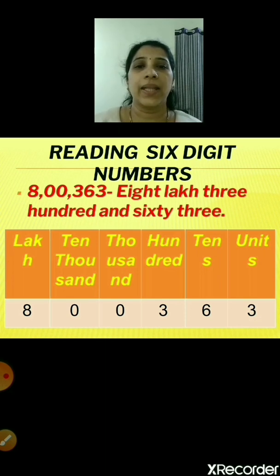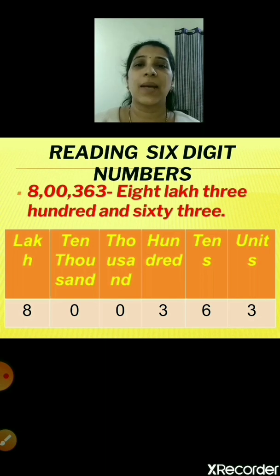800,363. So again, same thing we are going to follow. Units, tens, 100, 1,000, 10,000 and lakh. So starting from your right, 3 in the units place, 6 in the tens place, 3 again in the hundreds place, 0 in the thousands place, 0 in the 10,000s place and 8 in the lakhs place.